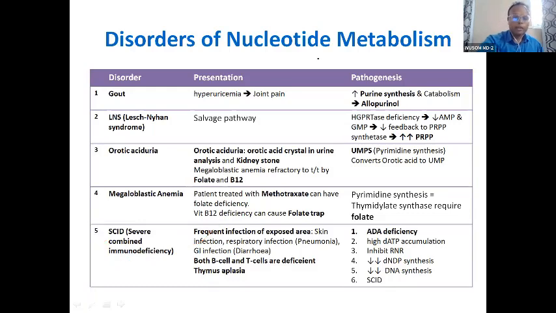So SCID means severe combined immunodeficiency. Severe and combined means both T cells and B cells are deficient.